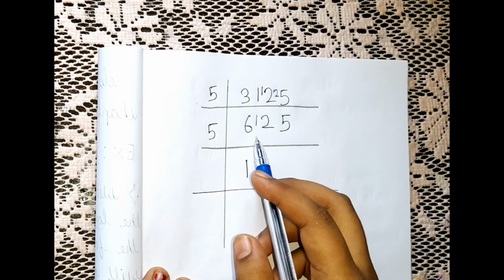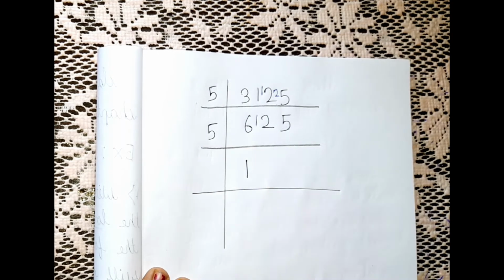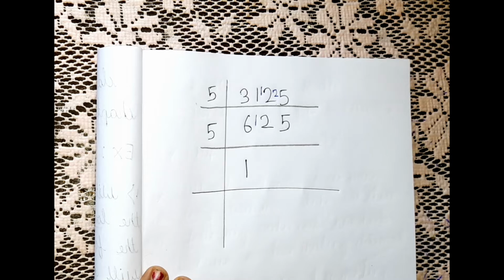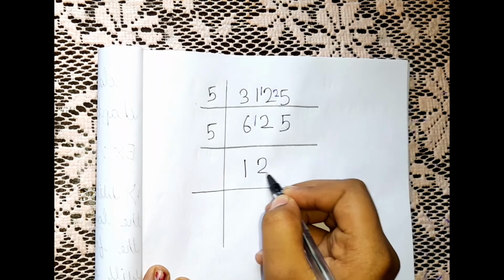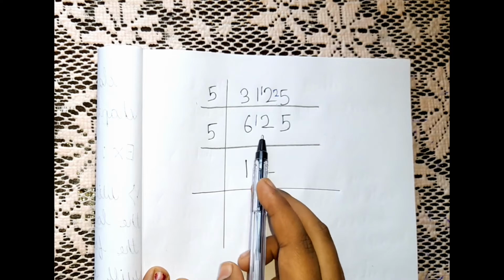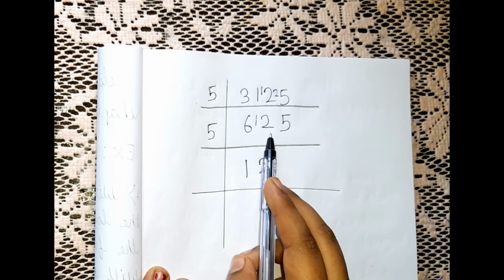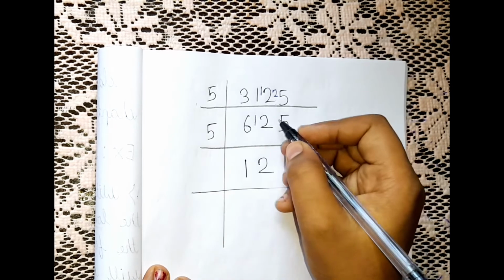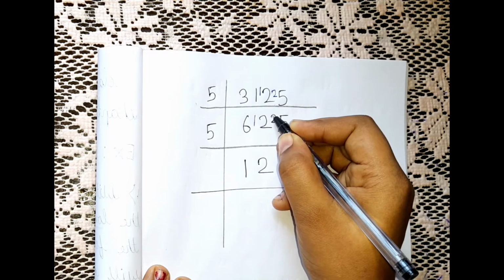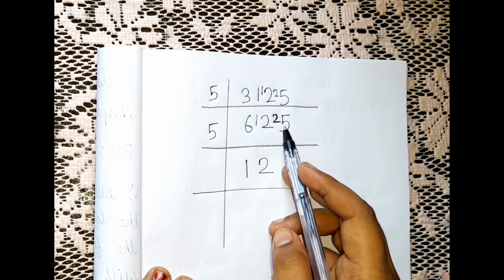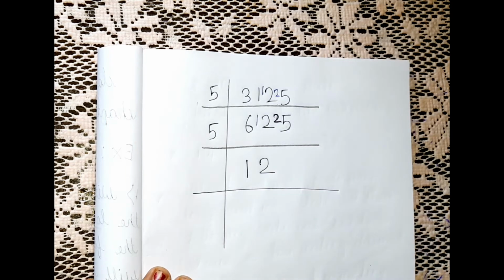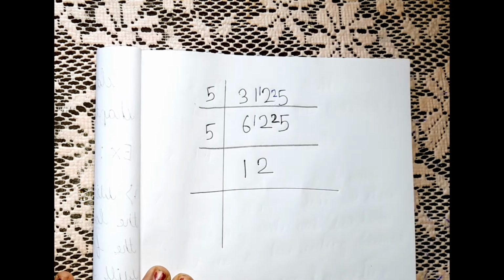Now it is 12. We won't get 12 in the fifth table, we get the smallest number, that is 5 2s are 10. So let us write 2 right over here, and we get a balance of 2. So we shall write 2, and here 2 and 5 is 25. So of course we get 25 in the fifth table.